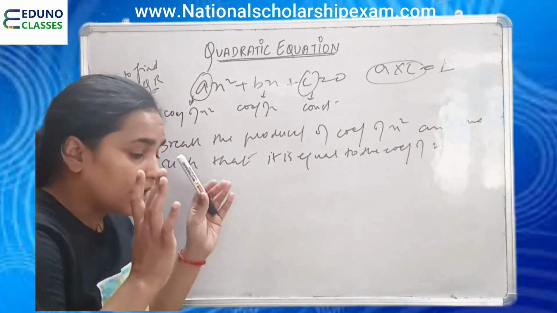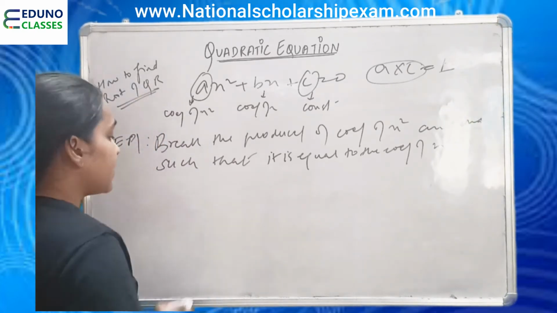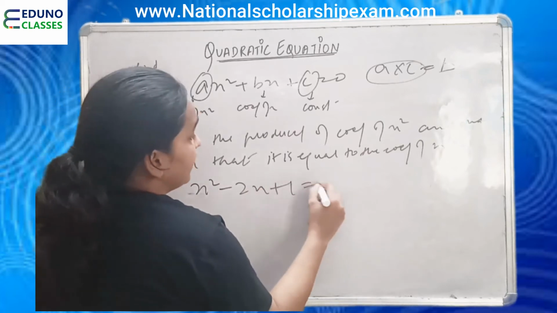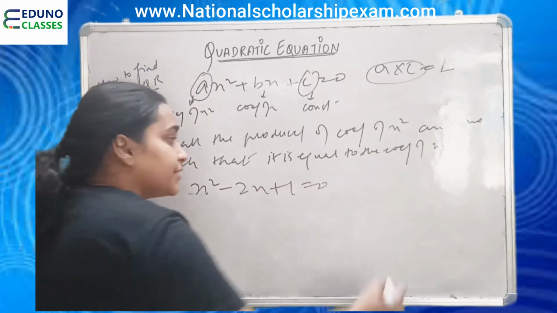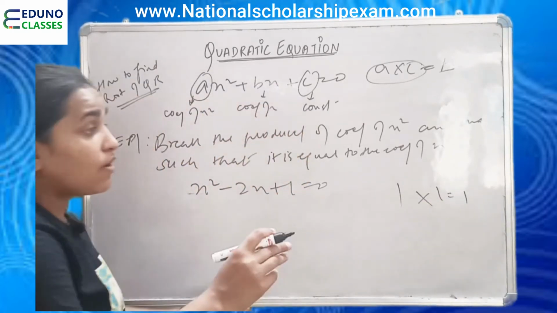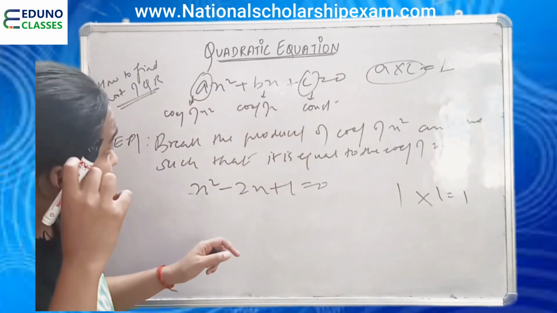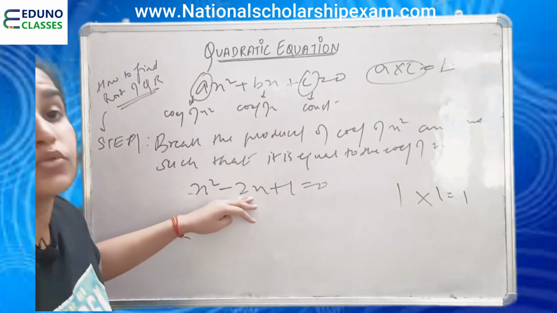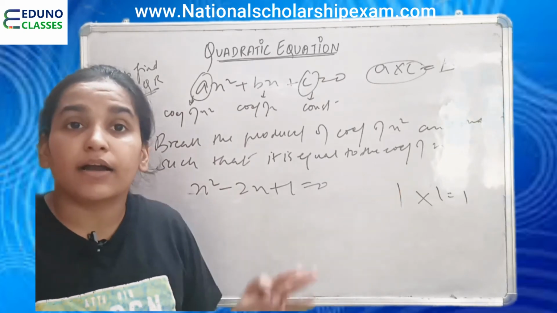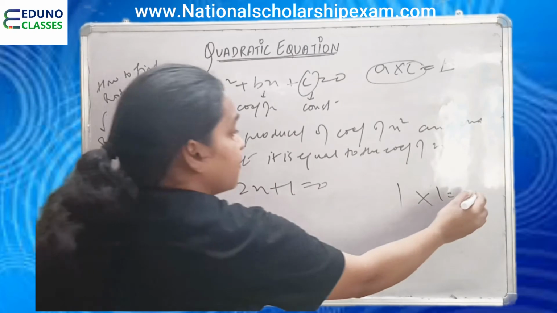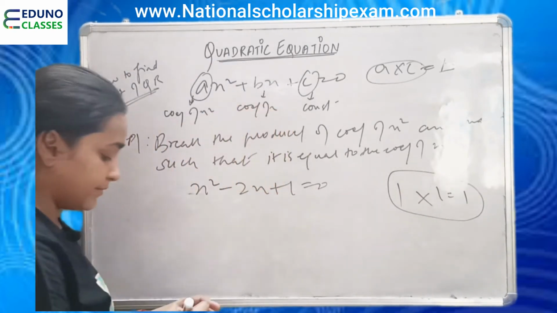How to solve this? Let me give you an example. I can use here x square minus 2x plus 1. The coefficient of x square here is 1. The constant here is 1. So 1 into 1 gives me 1. Now I have to break this 1 such that the product is equal to the breakage of 1 into 1.